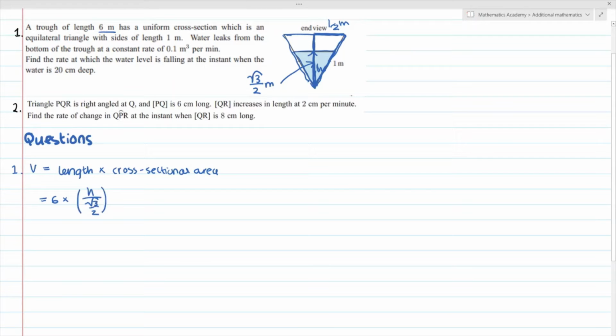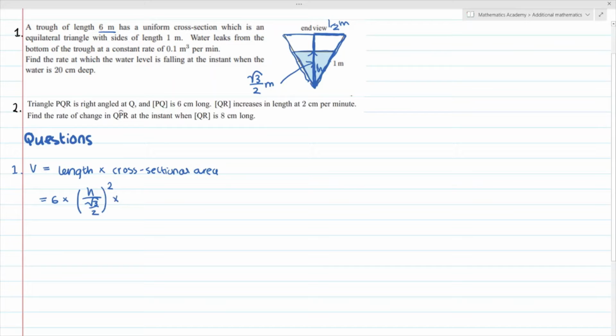But of course we want to find an area, and so we square this scale factor of proportionality, so we get h over square root of 3 over 2, squared, and then we multiply that by the original area to find the area of the small blue triangle.